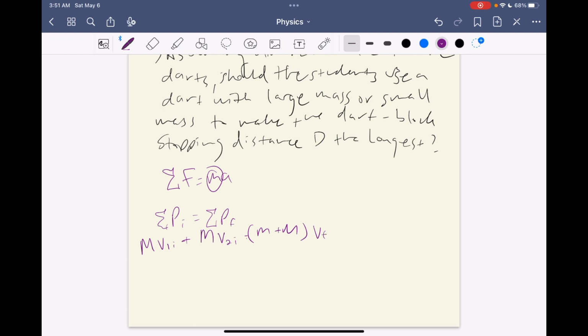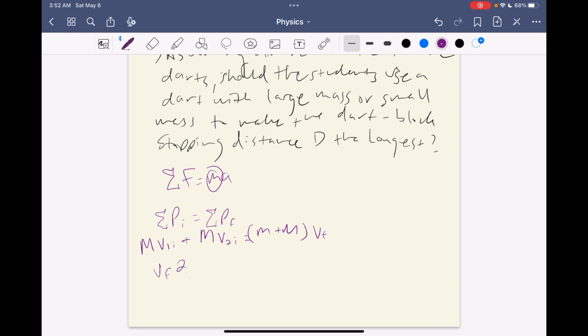So it results in an elastic collision. Based off this, if the mass is smaller, that means the acceleration would be larger, which means that the velocity would be larger. Knowing that, the initial velocity would be larger.